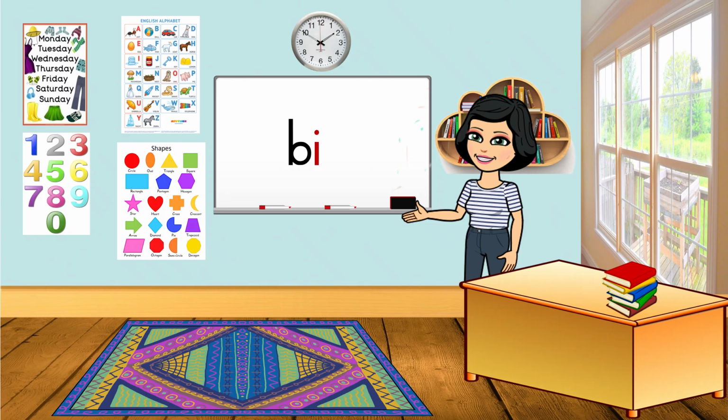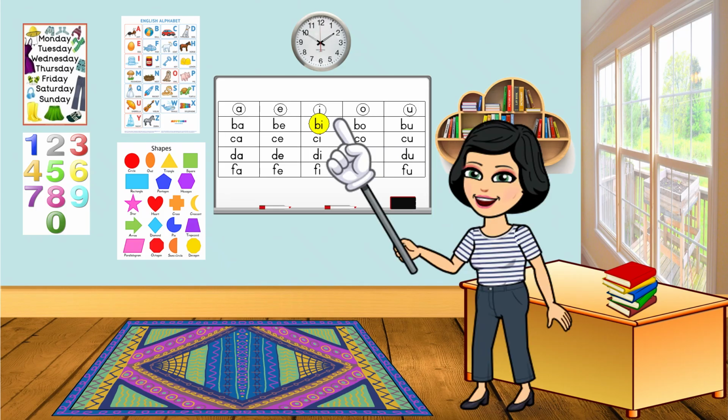Say the sound after me, bi. I now want you to find the sound bi on your page. Put your finger on that sound. Let's say the sound bi. Say the sound after me again, bi.